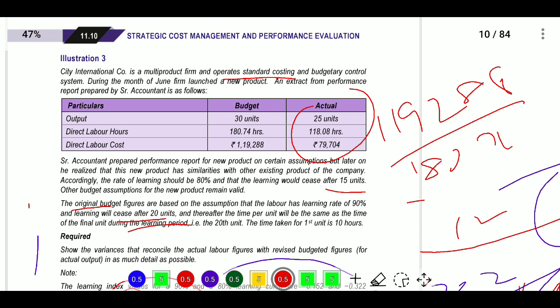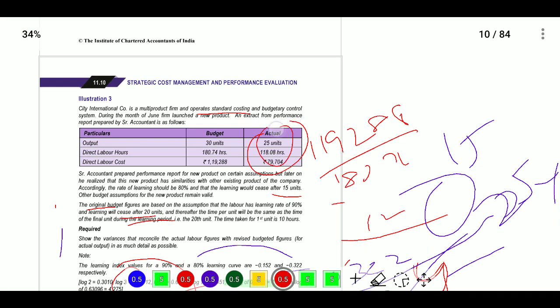Here we will get 675 for this one, and for this one we will get 660 per hour.